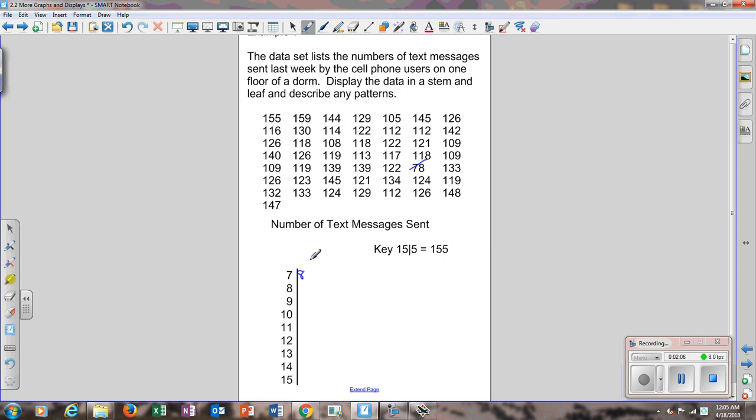Now here, I just kind of space them out because you have to put them in order from the least to the greatest. So like 101 would go here. First number I come across in this category is 109. So I'm going to put a 9 out here. And I see I have a 108. A 105. And so that's where putting your numbers in order would actually come in to help.